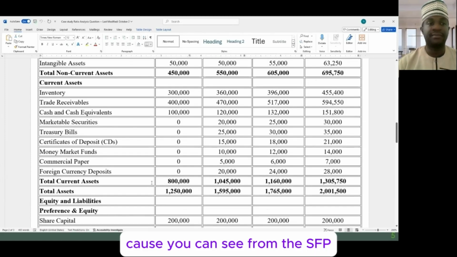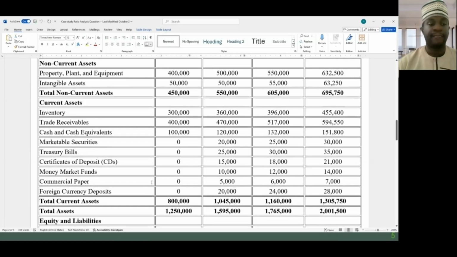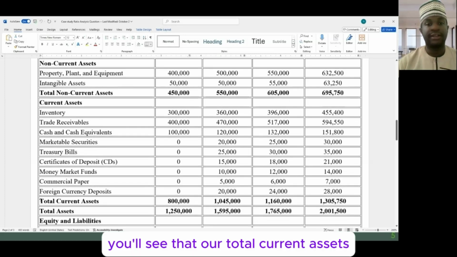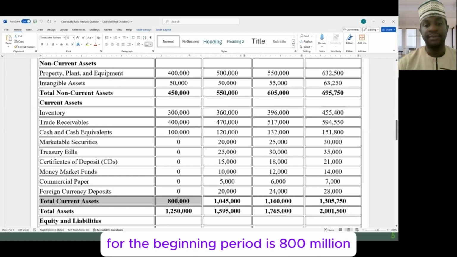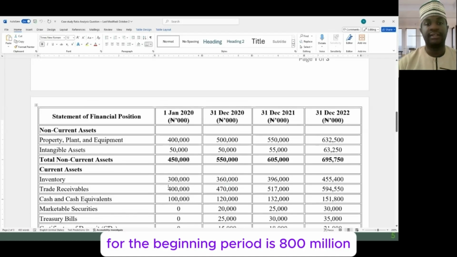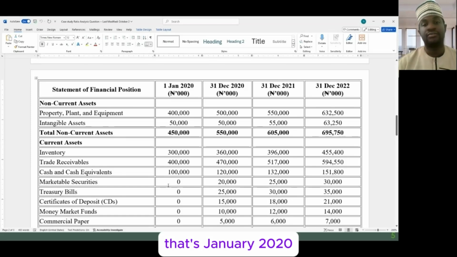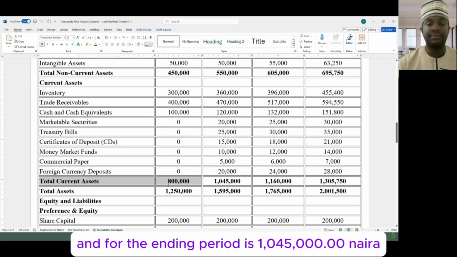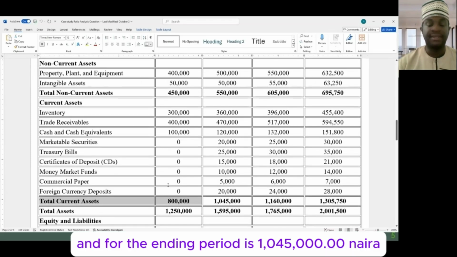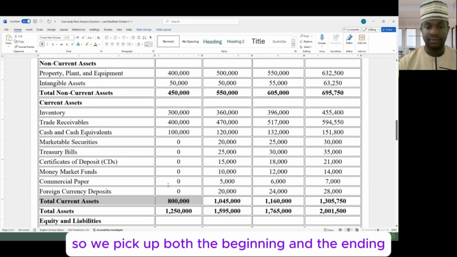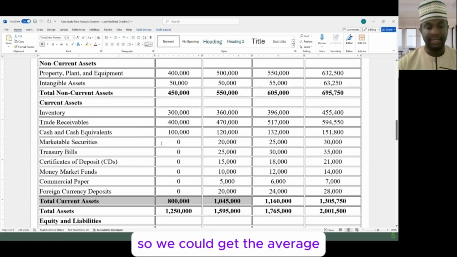As you can see from the SFP, our total current assets for the beginning period, January 2020, is 800 million. And for the ending period is 1,045,000 naira. So we pick both the beginning and the ending so we could get the average.